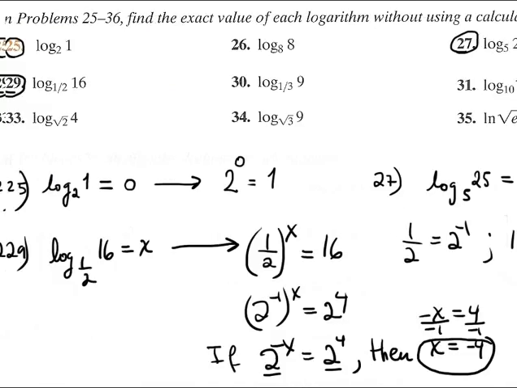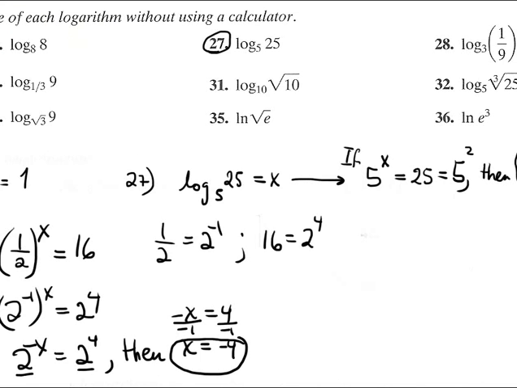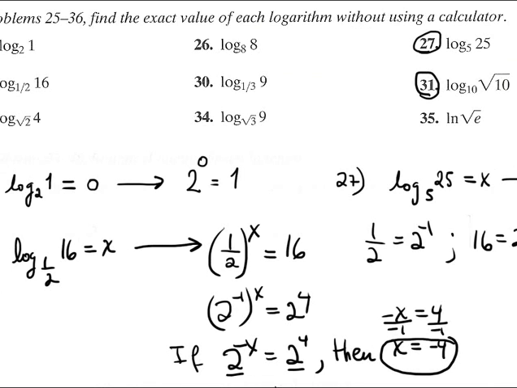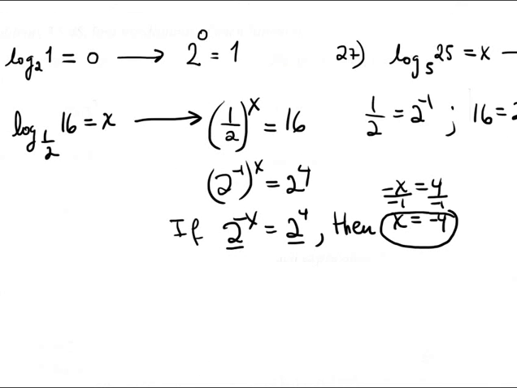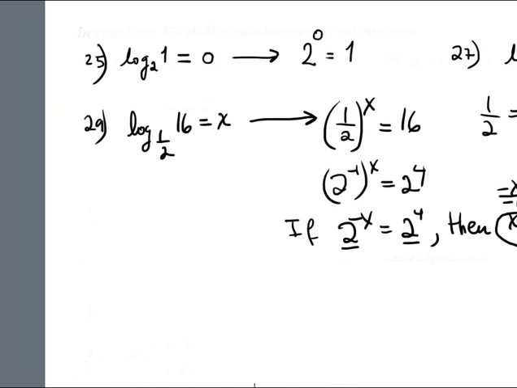That was 29. 31 is logarithm base 10 of the radical 10.